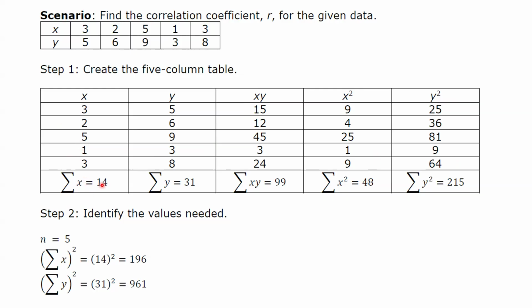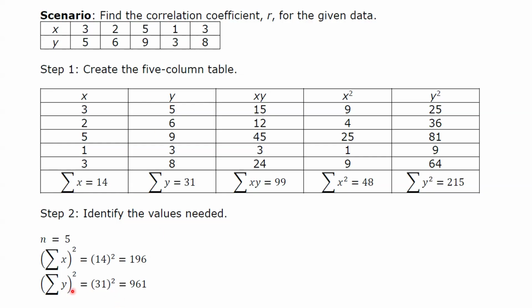The sum of x is 14, the sum of y is 31, the sum of xy is 99, the sum of x squared is 48, and the sum of y squared is 215. Step 2 is to identify the values we need for the formula. We have n equaling 5 because we have 5 ordered pairs, the number of data pairs from our table.